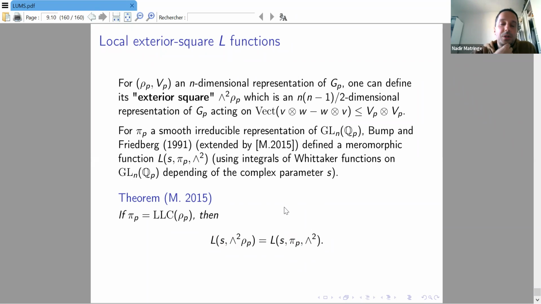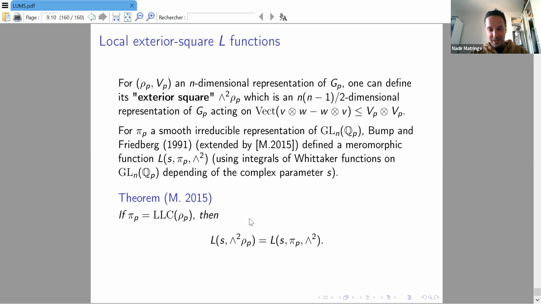And so why is such a result useful, such an equality? There are two objects defined in completely different manners. Because this one is defined via the Rankin-Selberg method, via integrals depending on a complex parameter, you understand these integrals quite well, and you understand the poles of this local L function very well, whereas the poles of the Artin L function could be quite mysterious.